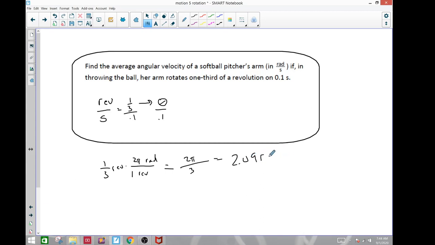Keep in mind, I know this is all new, but all the way around a circle is about 6.2 radians. So this individual's just barely making it around a third of the circle. Divided by 0.1 seconds, that's pretty easy math here. 20.9 radians per second, and that is my angular velocity.